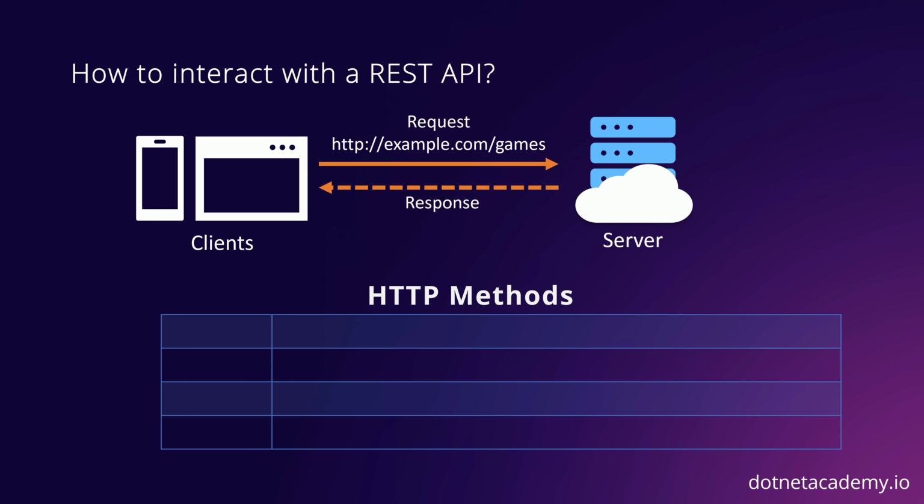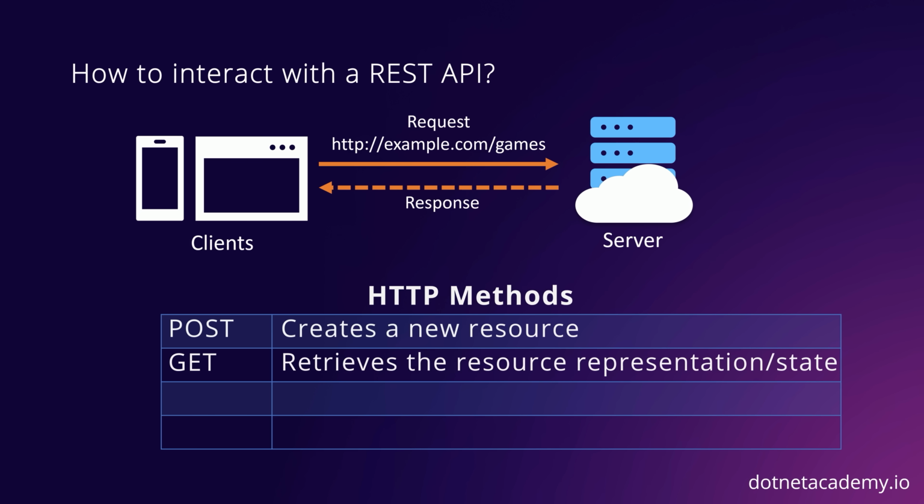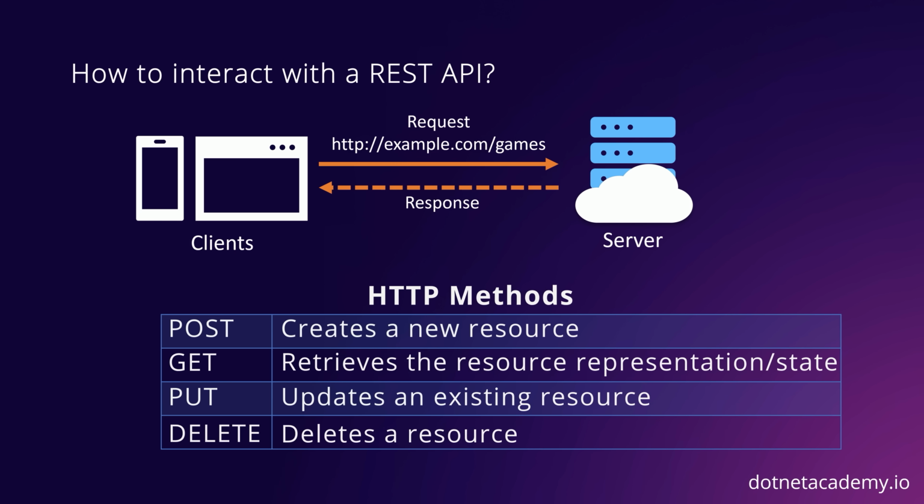The most common methods are POST, which creates new resources, GET, which retrieves the representation or state of the resource, PUT, which updates an existing resource, and DELETE, which deletes a resource. So these methods allow you to create, read, update, and delete resources, and therefore they are also commonly known as CRUD operations. There are other methods too, but for the purposes of this tutorial, we'll focus on these 4 ones.